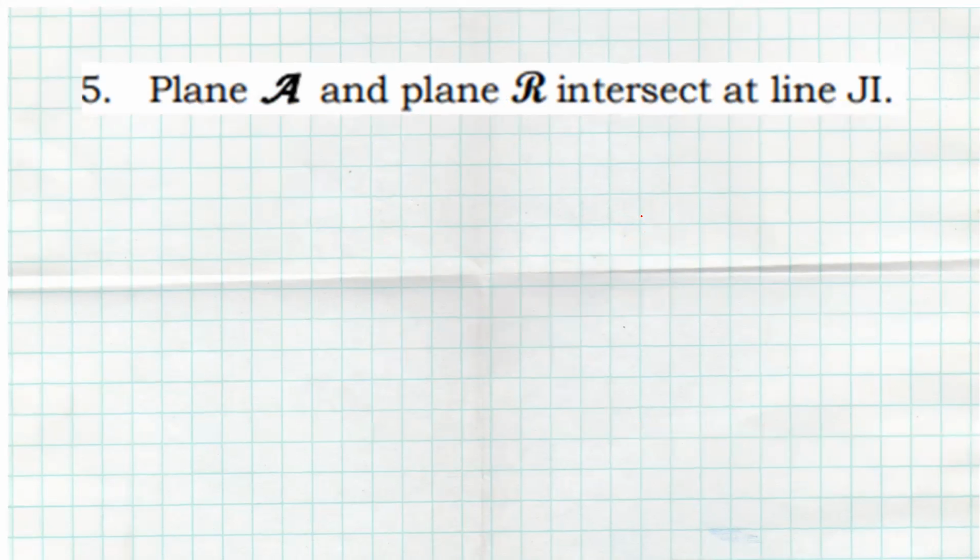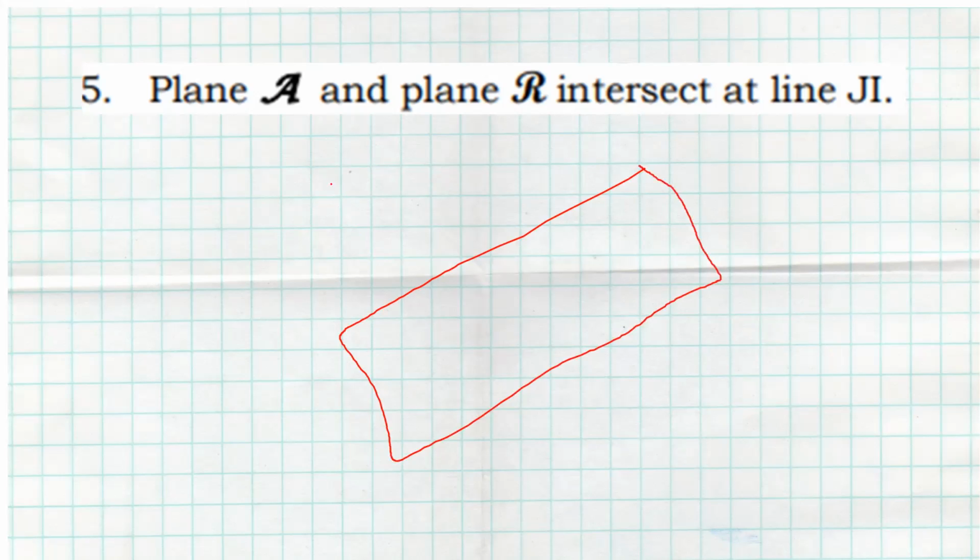Number 5, plane A and plane R intersect at line JI. So two intersecting planes, then another plane here. So you have to use your imagination. Okay, then they intersect in this line.